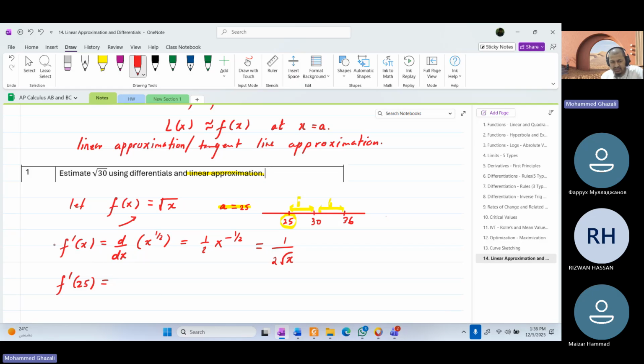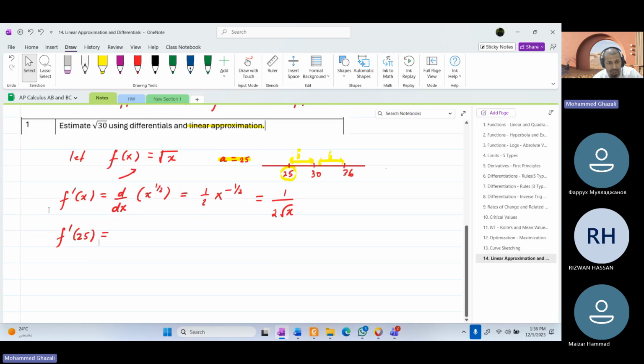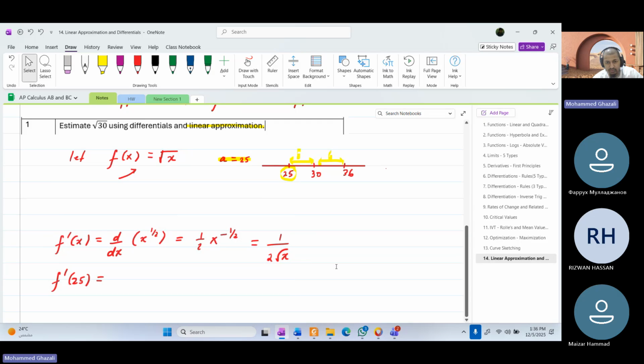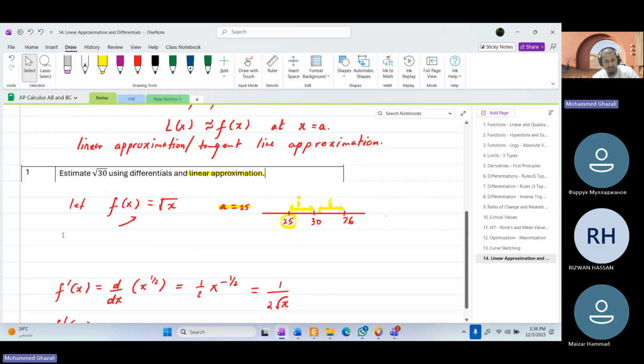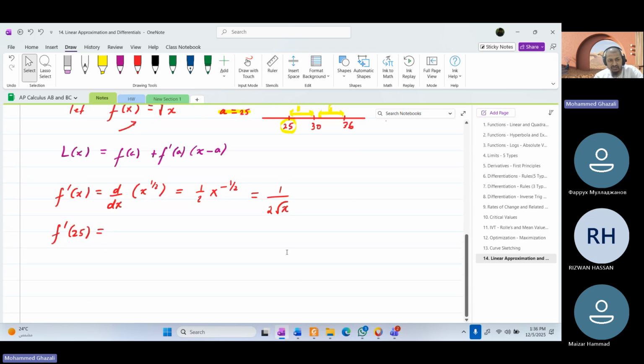Remember, what's the first thing? We're trying to find the linearization function. What is the linearization function? We just did the formula above. So you can see what I'm doing: step 1, find the linearization function.